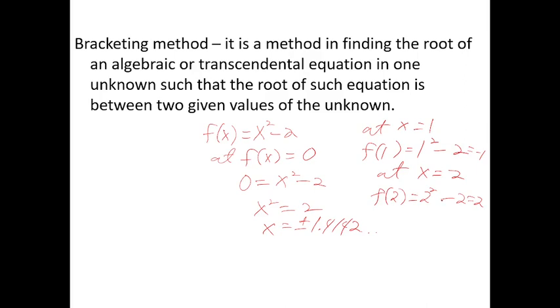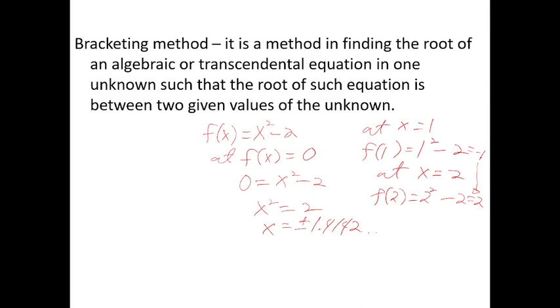The function value here is 2. So, there is now what we call as transition. Okay? So, there is a change in sign. From negative, it becomes positive. No? Upon changing the value of x.